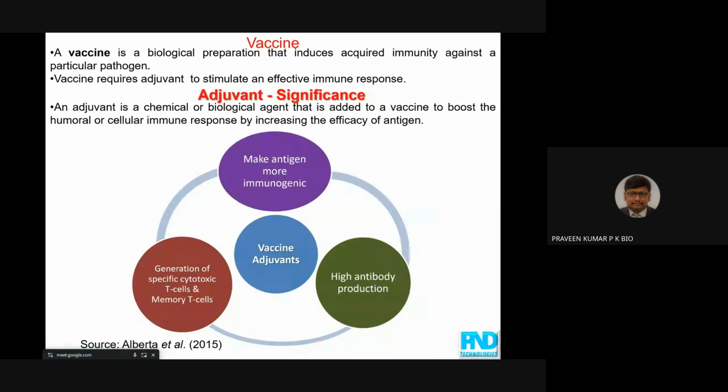What is a vaccine? A vaccine is a biological preparation that induces both acquired immunity and, of course, humoral immunity. The acquired immunity consists of both cellular and humoral. Both we simply call acquired immunity against a particular pathogen.